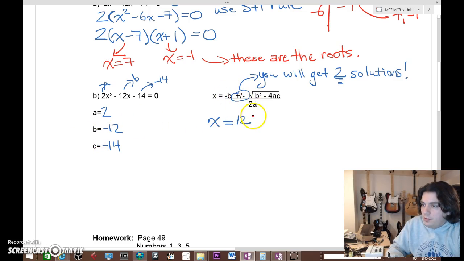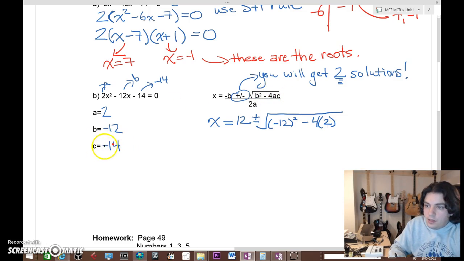Hopefully that makes sense to you. And then plus or minus the square root of, and here we go, negative 12 squared minus 4. What's the a value? Well, a value is 2, so 4 times 2. And it's 4ac, so what's the c value? C is negative 14. So we put that in here.